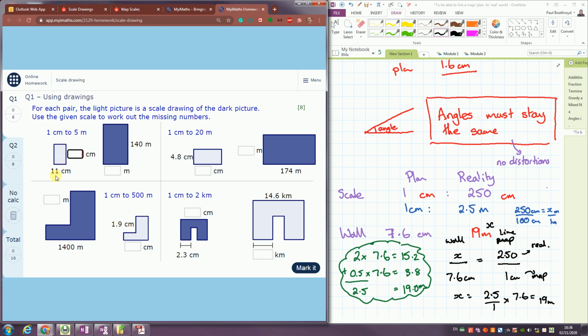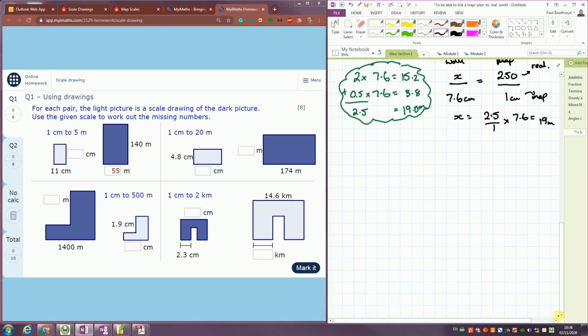So going on the left hand side, from 1 centimetre to 5 metres. When I go from 11 centimetres, I want 11 lots of this, which is 55 metres. And coming back the other way, I need to do the opposite, divide by 5. I'll show you on the calculation. So we want the small scale.